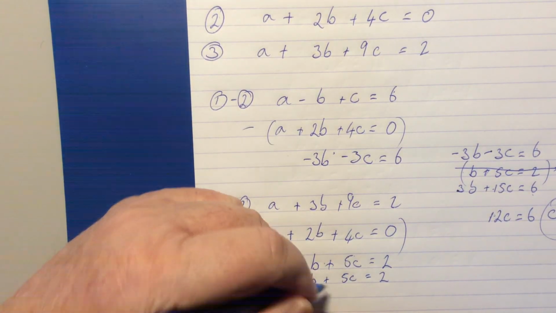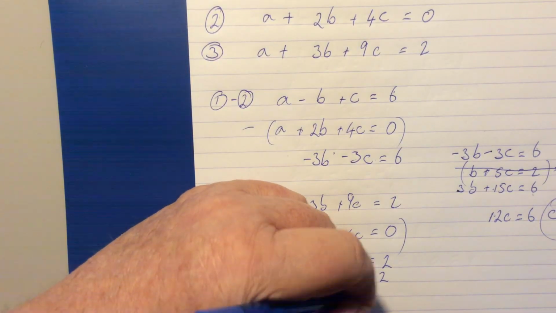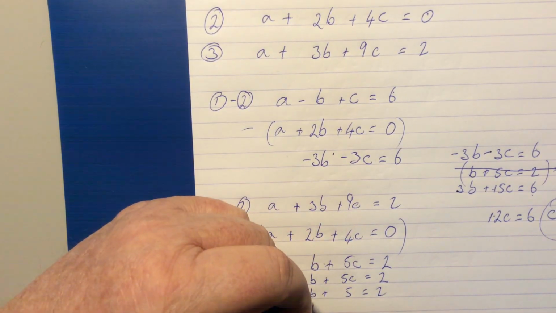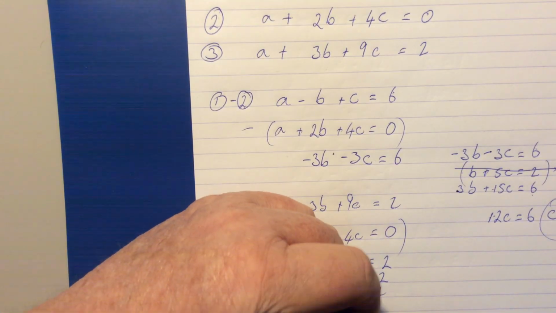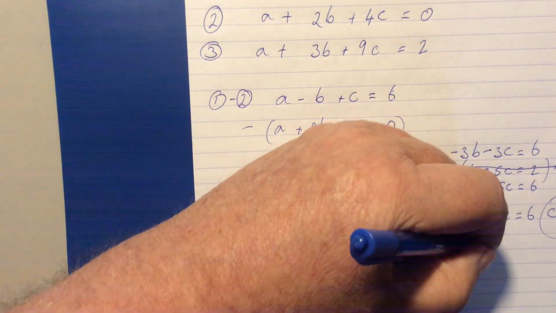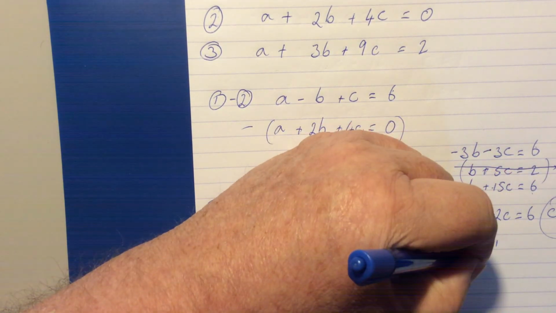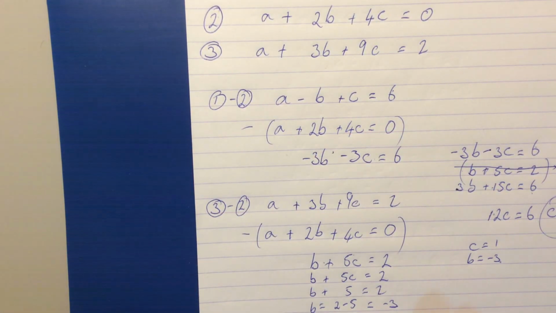B plus 5 equals 2. B is equal to 2 minus 5, which equals negative 3. So we have c equals 1, b equals negative 3. We can now go about finding a.